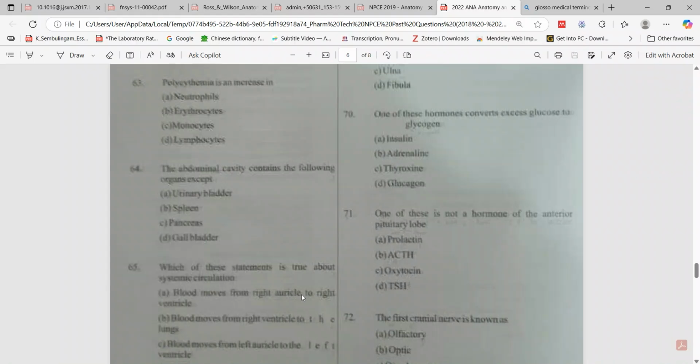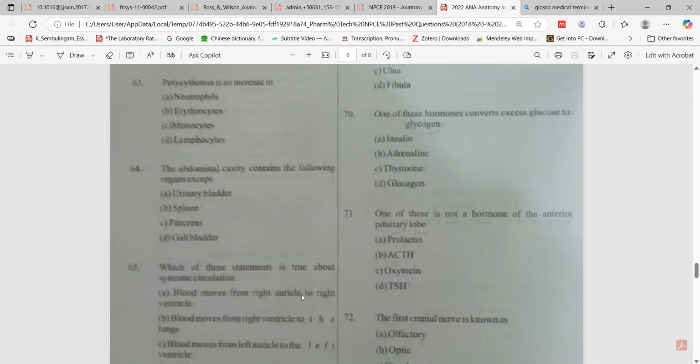It converts glycogen back into glucose. Insulin mops up glucose from the blood by converting glucose to glycogen, while glucagon ensures glycogenolysis, converting glycogen back into glucose to increase the blood glucose.